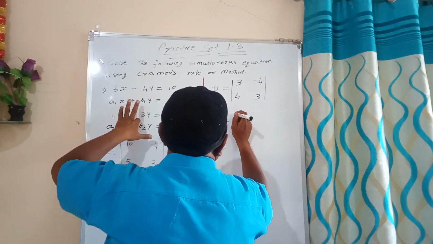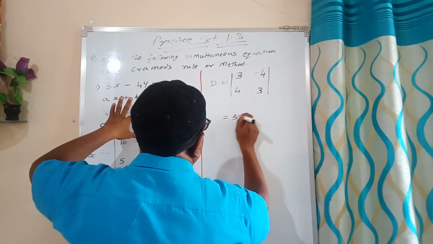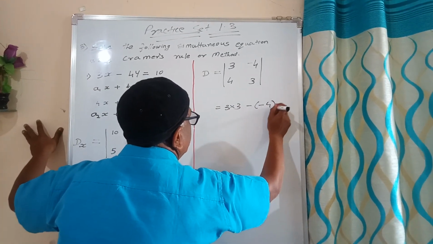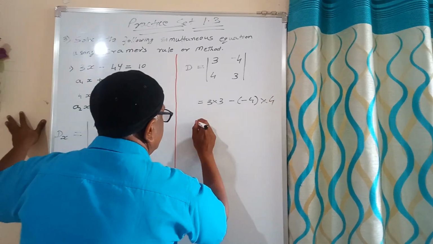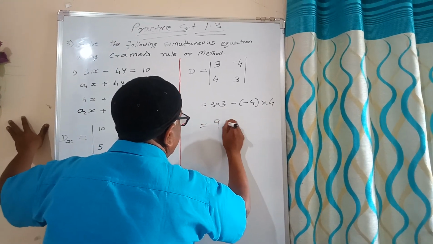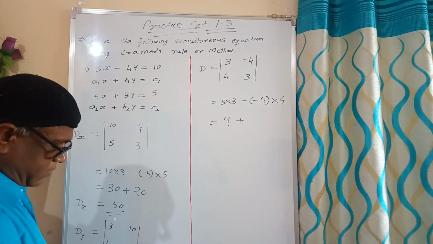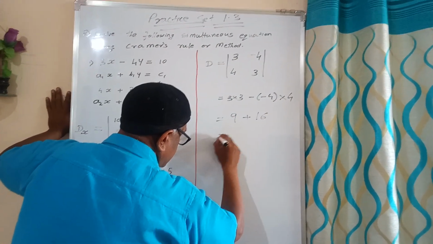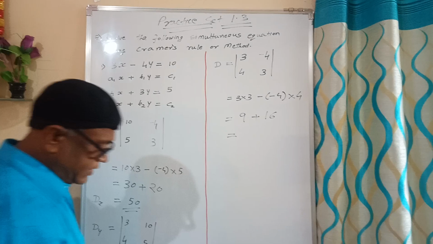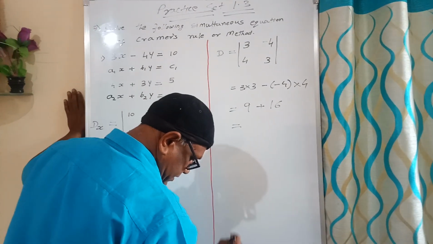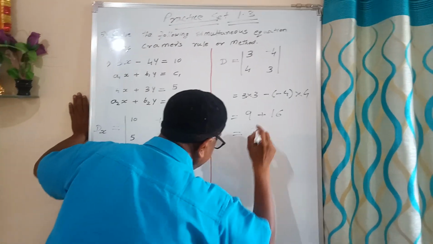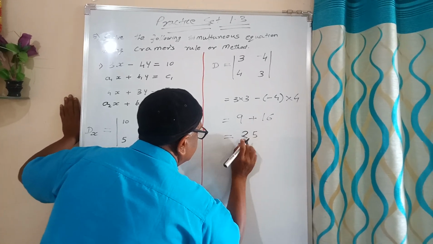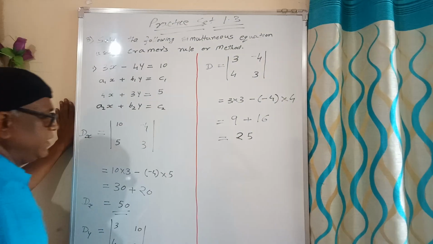Which is equal to 3 into 3 minus, in bracket, minus 4 into 4, which is equal to 3 threes are 9, minus into minus is plus, 4 fours are 16, 16 plus 9, that is 25. Now this is d.